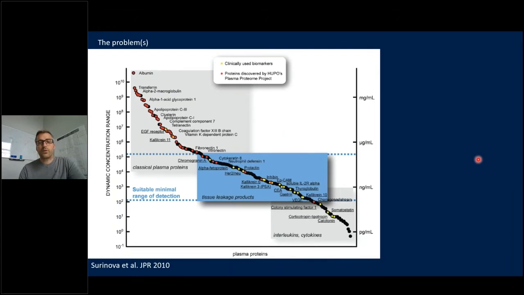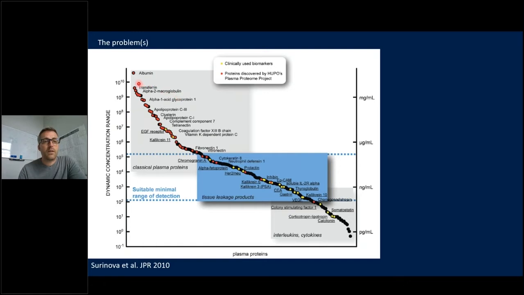When it comes to plasma proteomics, I think most of you have already seen this so-called Anderson ladder, which shows the dynamic concentration range of proteins in plasma or serum. As you can see, we have a logarithmic scale. That means the bulk of the protein mass in plasma and serum is made out of a very small number of proteins.